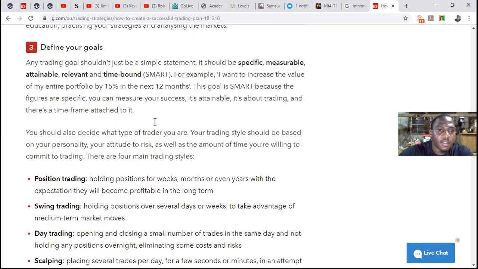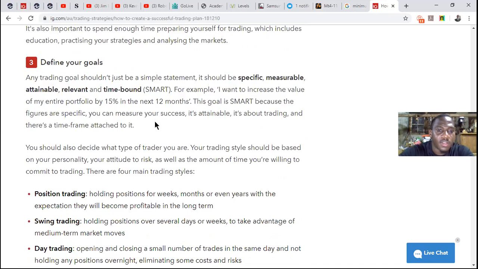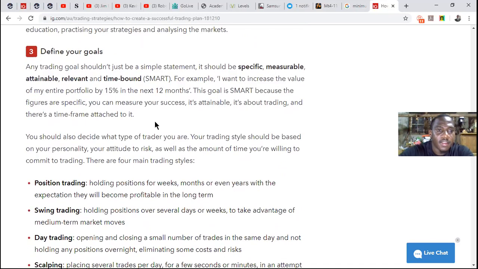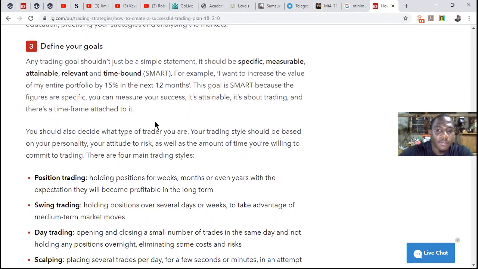And in terms of setting goals, I find taking it step by step really helps, right? So having goals for smaller increments. Although you want to make $10,000 on your trading account, right? You have to build up to that.